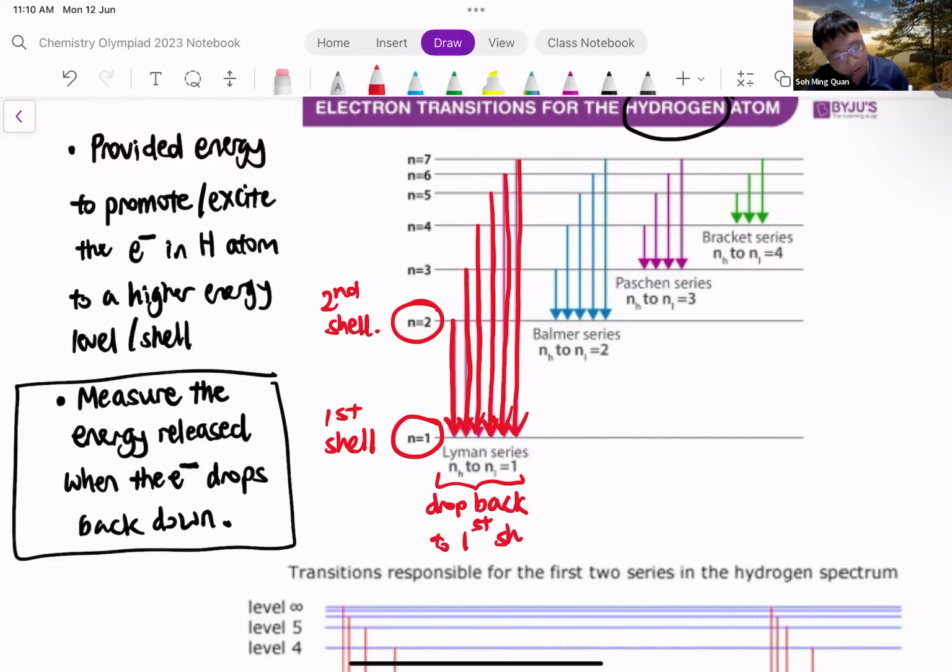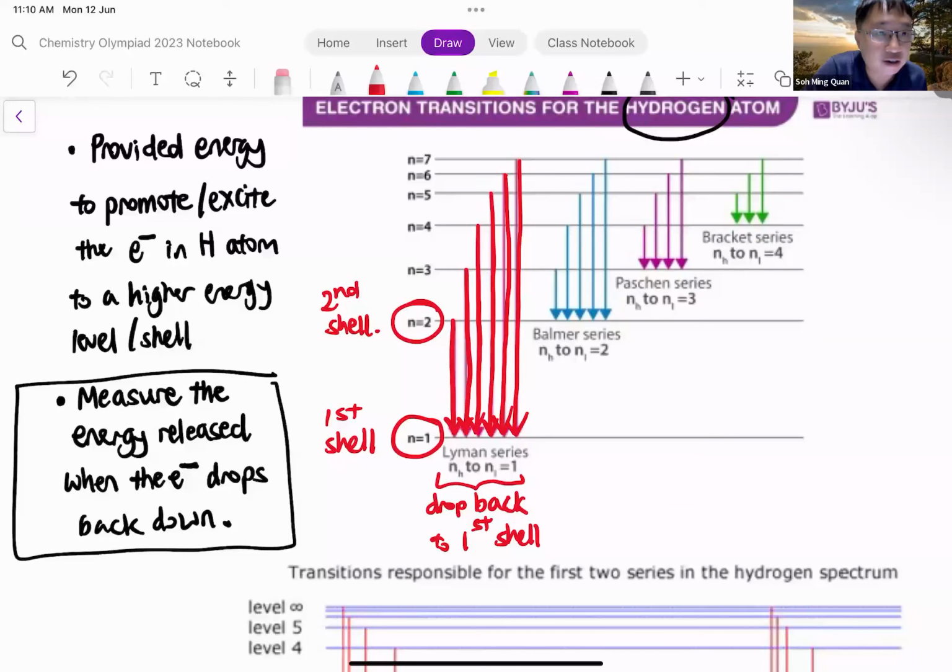That means from wherever they were promoted to, let's drop back down to the first shell. And it's not some random amount of energy. It's all definite, right? That's why you have arrows that represent these definite changes in energy.